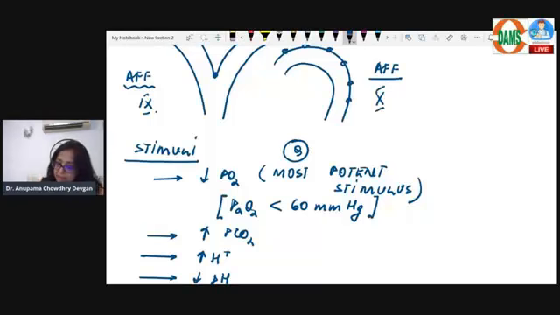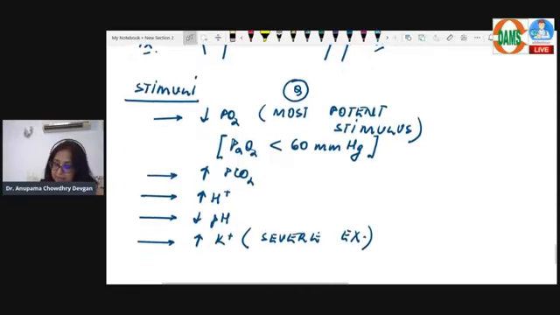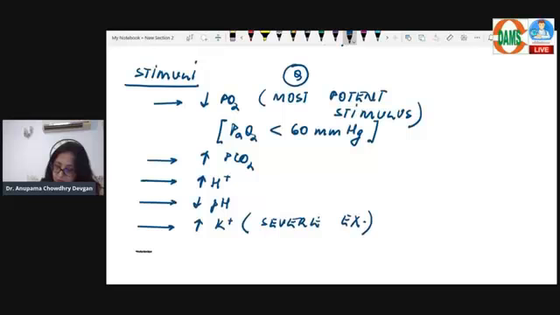So increase in PCO2, increase in H+, decrease in pH, increase in K+. This also occurs in severe exercise. Decrease in pH, that is acidosis, right?